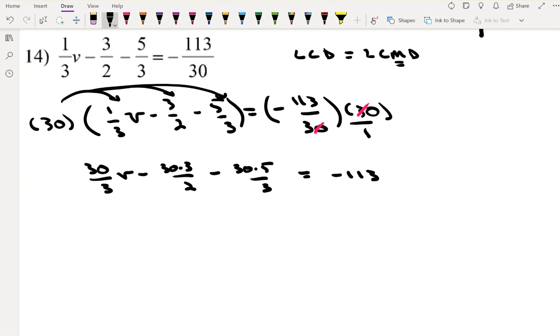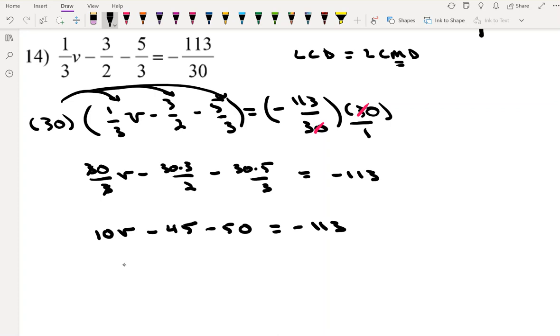But this is what you're kind of trying to do in your head, because you can see that this is going to cancel. 3 and 30 is going to go to a 10v. Minus 30 divided by 2 is 15. You have to realize 15 times 3 is 45, so that's 45. 30 divided by 3 is 10, and 10 times 5 is 50. Okay, and that's equal to negative 113.